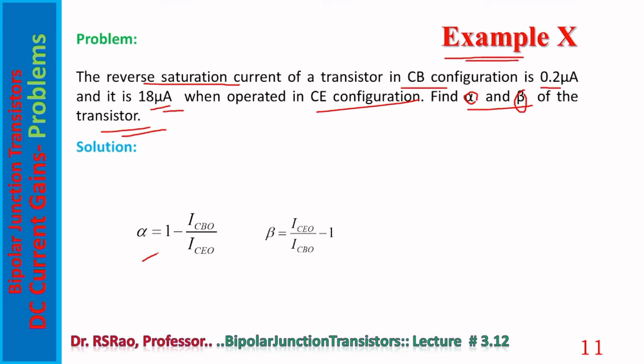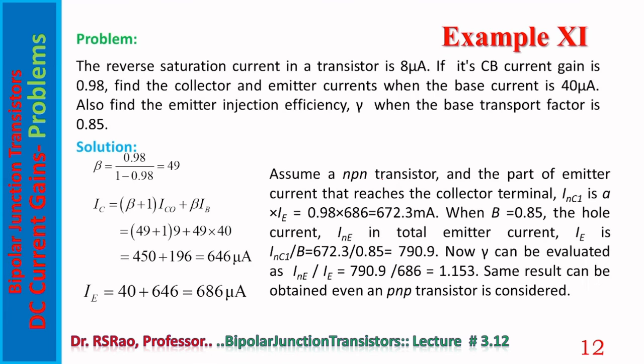There exist relations for alpha in terms of ICBO and ICEO. Alpha is equal to 1 minus ICBO by ICEO. Beta is ICEO by ICBO minus 1. These currents are given. Substituting the given values, one can find alpha and beta without any difficulty.